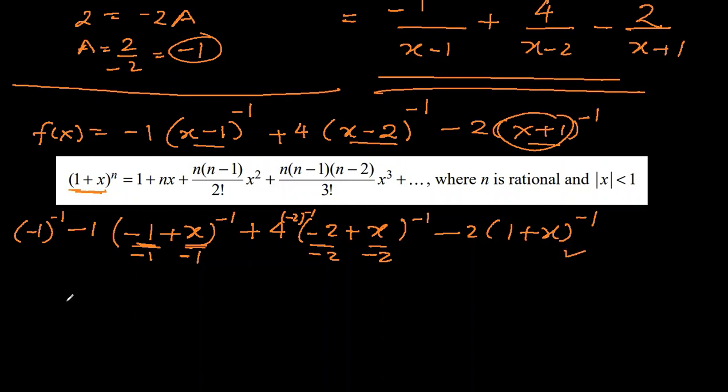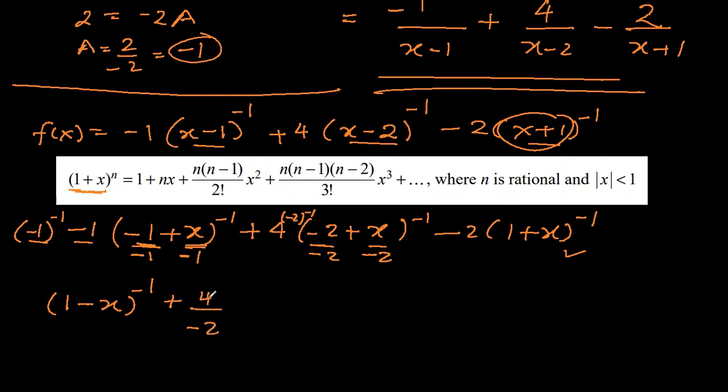So let's rearrange everything. (-1)^(-1) will be -1 again. So -1 times -1 will be completely 1. It becomes 1, so there is no need to write anything now. Here, inside, it will be -1 over -1, which is 1. That's what we wanted. x over -1 will be (-x)^(-1). Here, (-2)^(-1) will be 4 divided by -2.